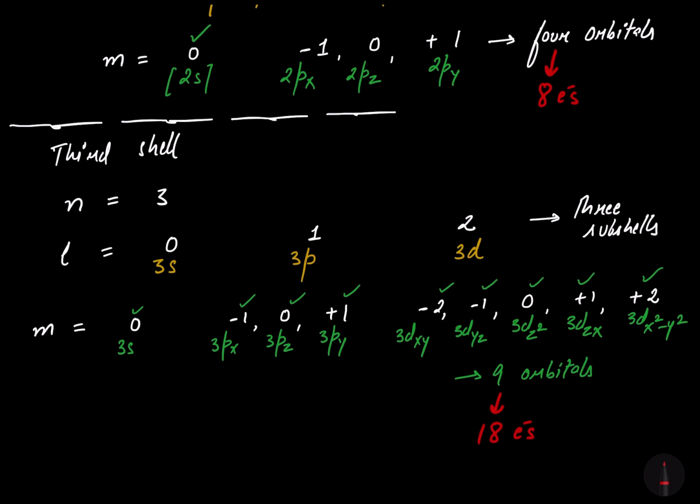So that's the chart that I have designed, in which we have taken the shell number, then I have found their subshells, and then their orbitals, and then finally the maximum number of electrons that the orbital or subshells or that total shell can accommodate.